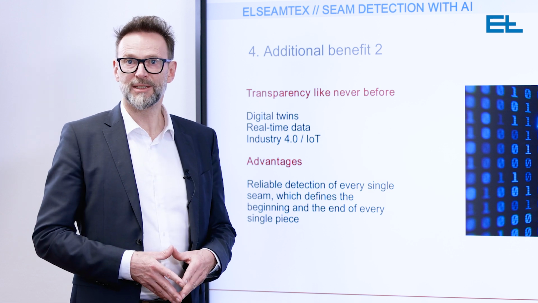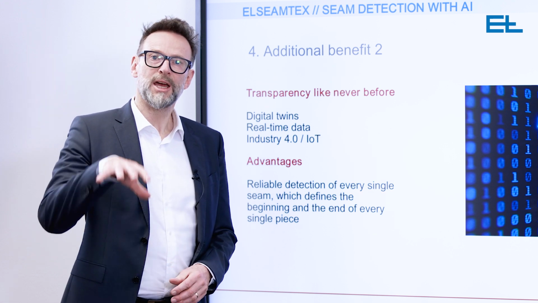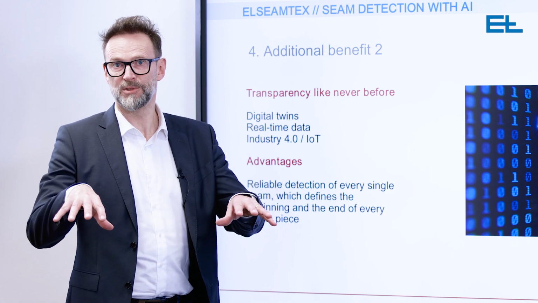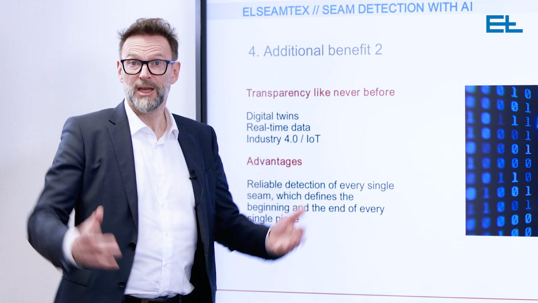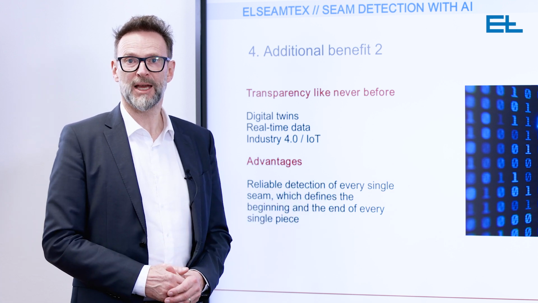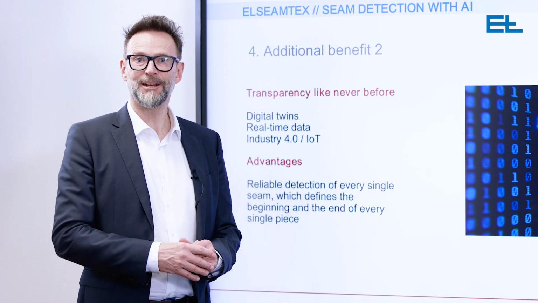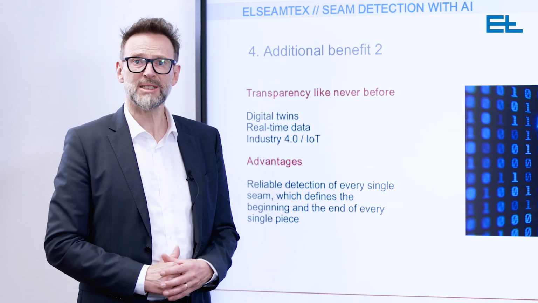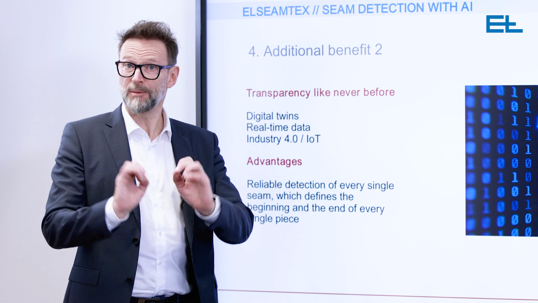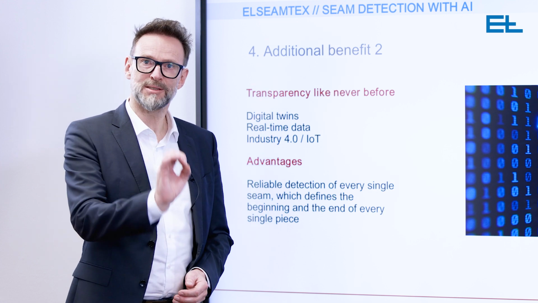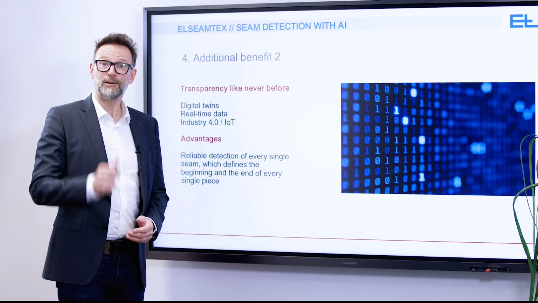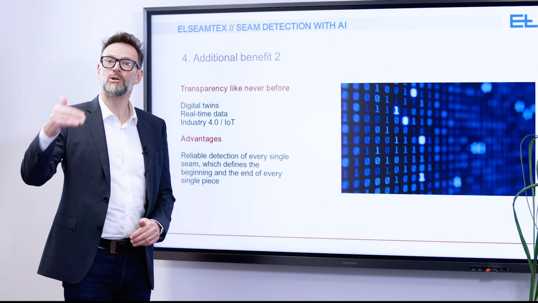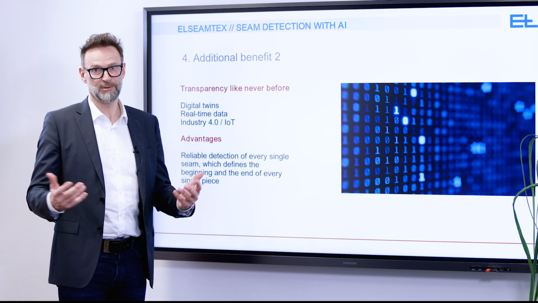The artificial intelligence of that seam detector will learn automatically what is a seam and what is not a seam. Especially when you have printed fabric, it might so happen that a printed line might look exactly like a seam, but it's not. With our seam detector, you have the 100% guarantee that a seam is a seam, and therefore you can rely on that information of this artificial intelligence because it also continuously learns automatically.